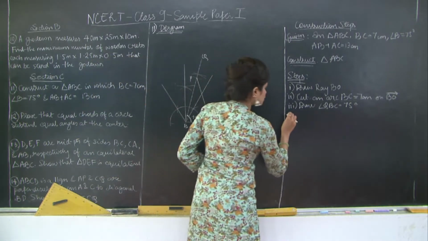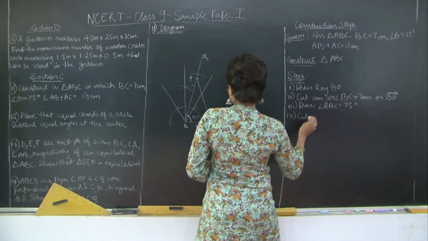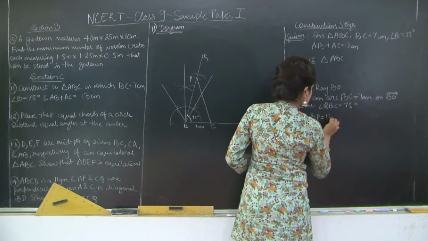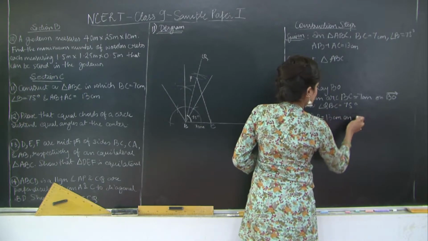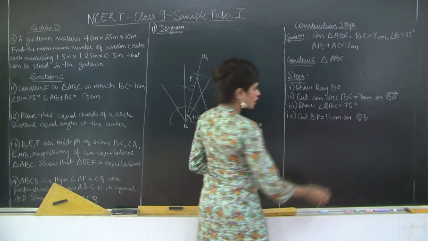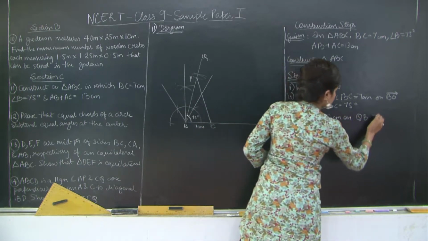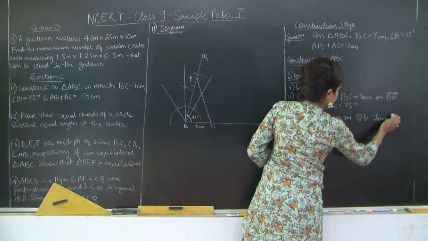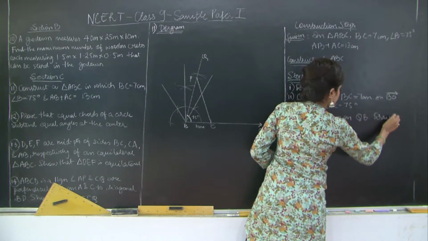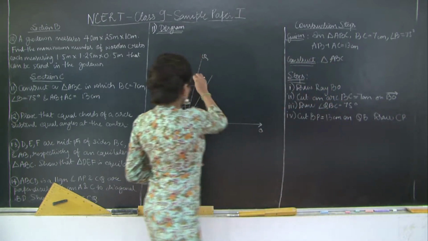So my fourth construction step will be: cut BP equal to 13 centimeters on QB. Then join, or rather draw CP. So we have drawn CP now.